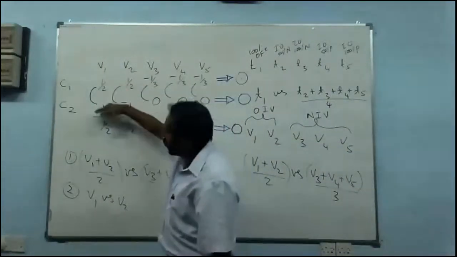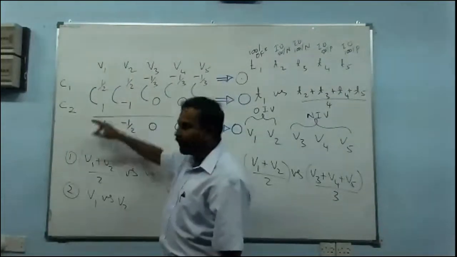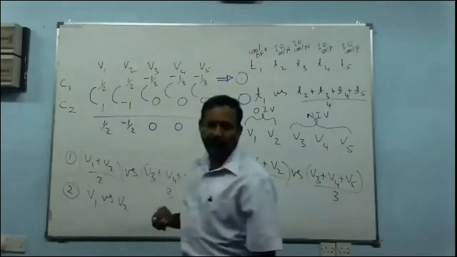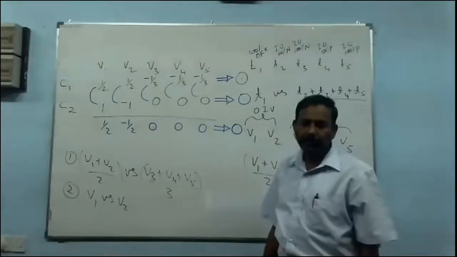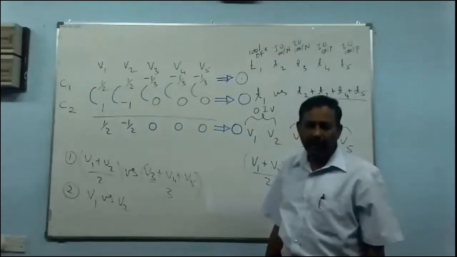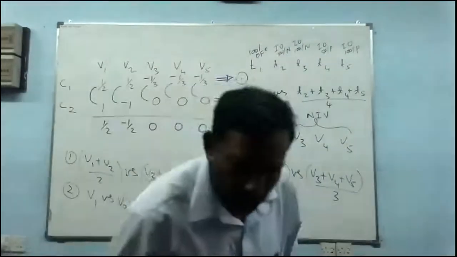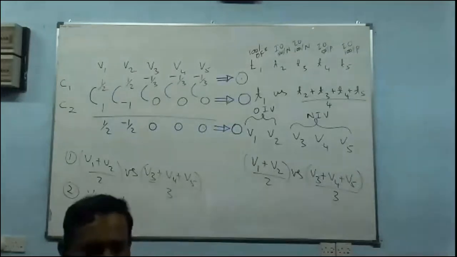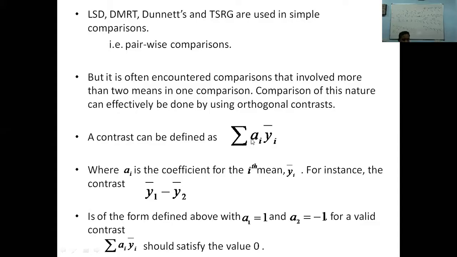If you multiply the coefficients, and at last add them, the sum is also equal to 0. Clear? Right. So this is called the summation of ai into yi bar.